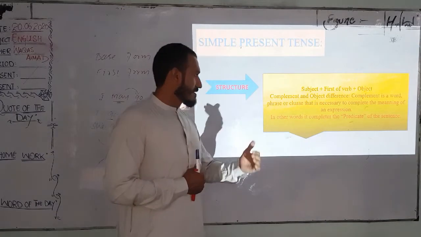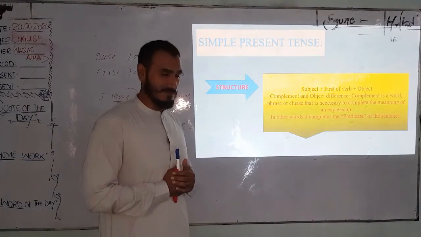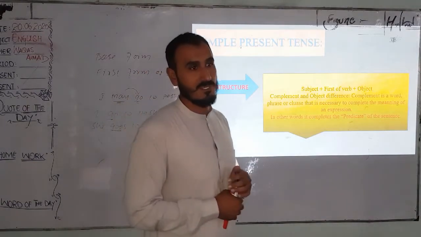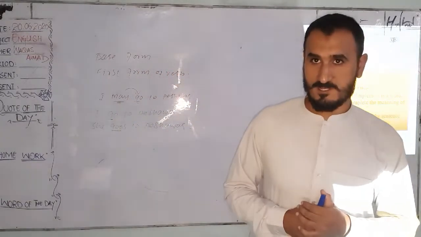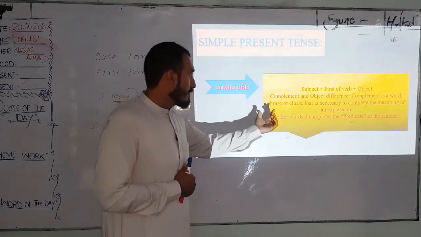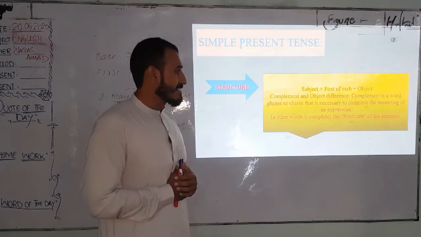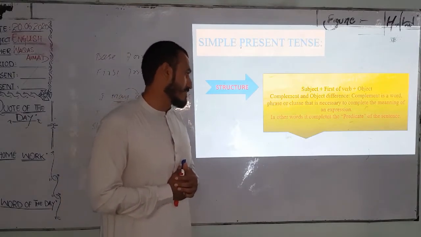Before going to discuss the tense, we will discuss the complement and object difference. What is the difference between complement and object? Complement is a word, phrase, or clause that is necessary to complete the meaning of an expression.